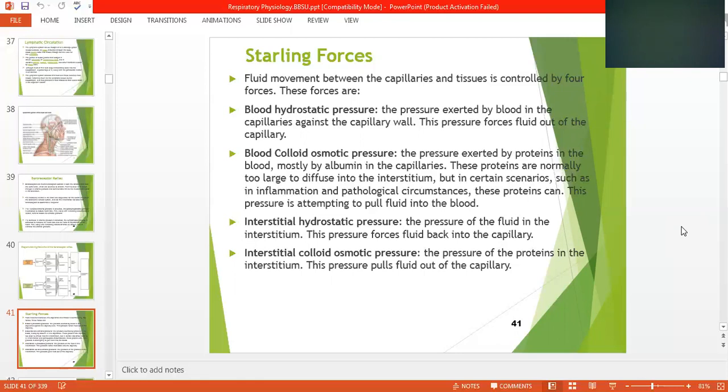It means in normal condition, protein cannot come out from the blood into the tissue, but in the case of inflammation, these proteins can come out of the capillaries and enter into the tissues. This pressure is attempting to pull fluid into the blood.